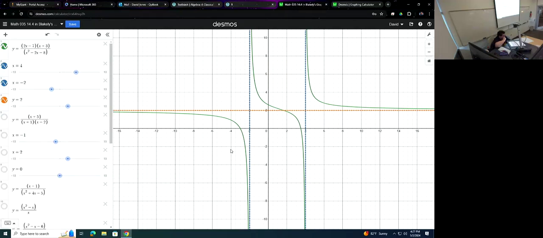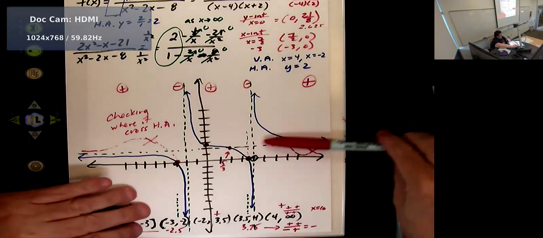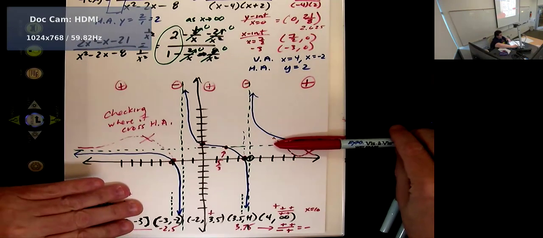So I guess I'm still kind of confused about the part where we figured out 2 is the intercept through the asymptote. How are we figuring that out? I got lost there. I know the horizontal asymptote is where y equals 2.